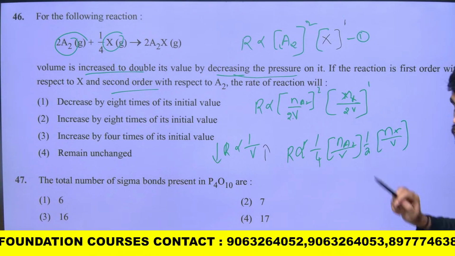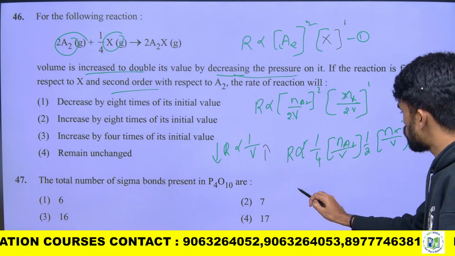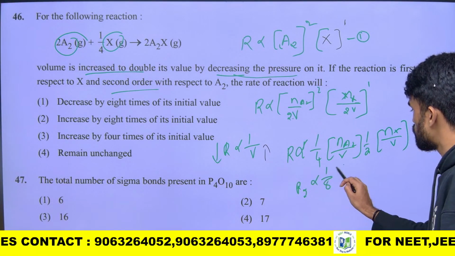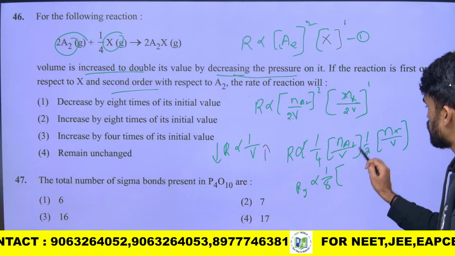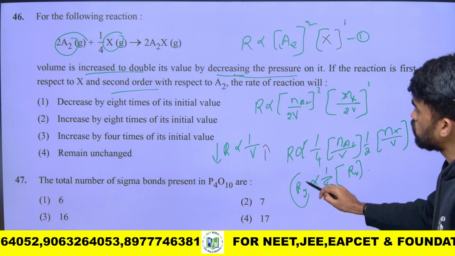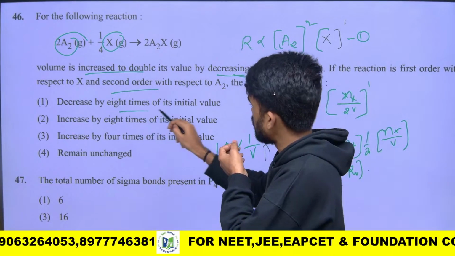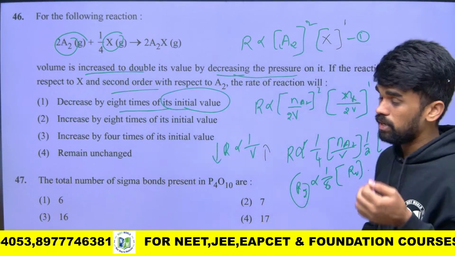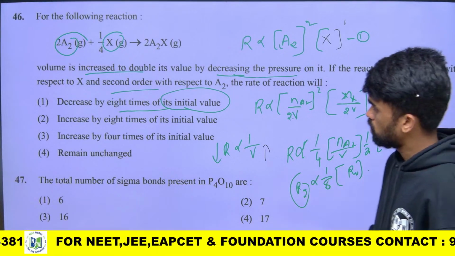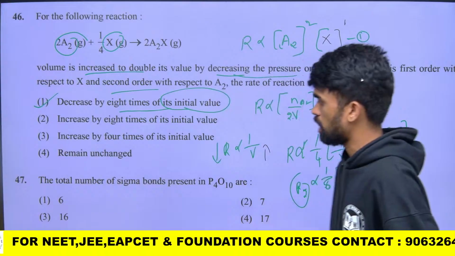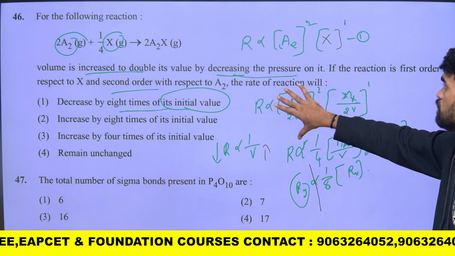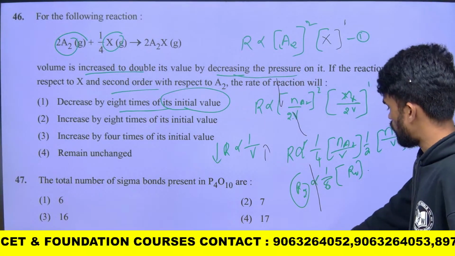So 2 fours are 8. So the second reaction is decreasing by a factor of 8 when we compare with R1. Okay. So R2 is decreasing by 8 times from its initial value. So this is the answer. You can choose the first option directly. I hope this is also clear. So make two equations from the given statements and compare them, you will get the final answer.